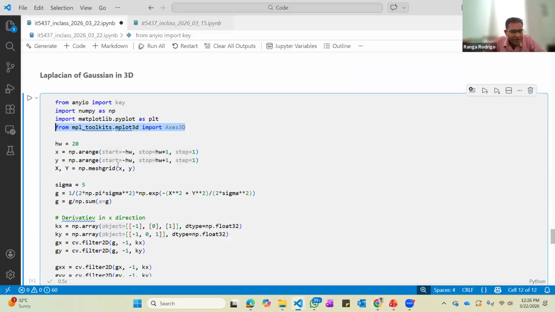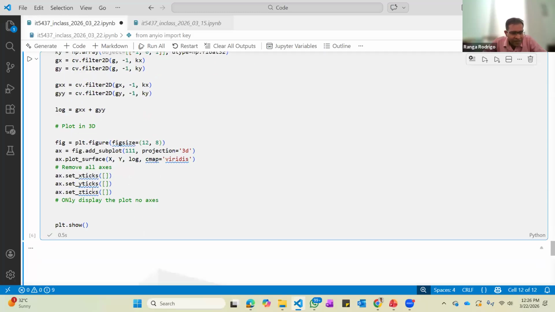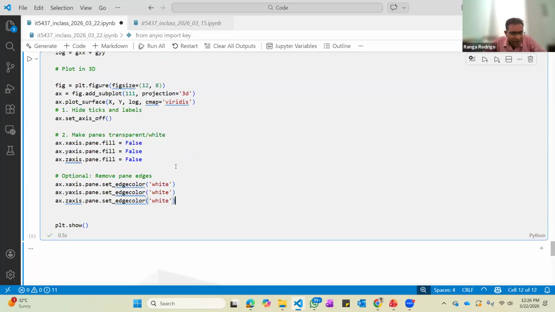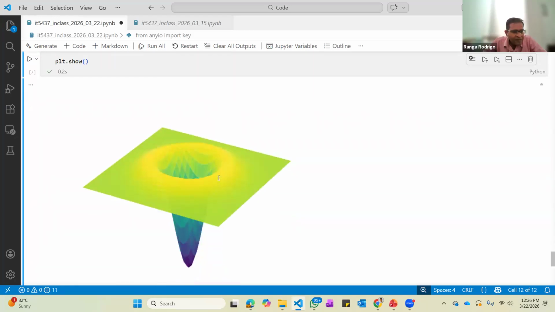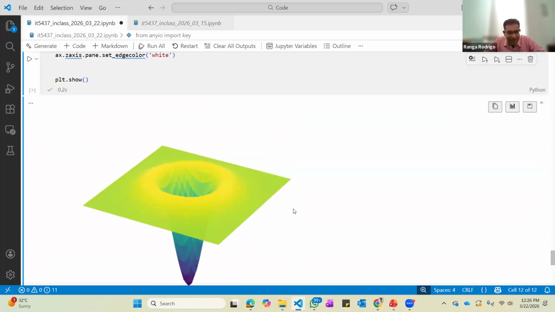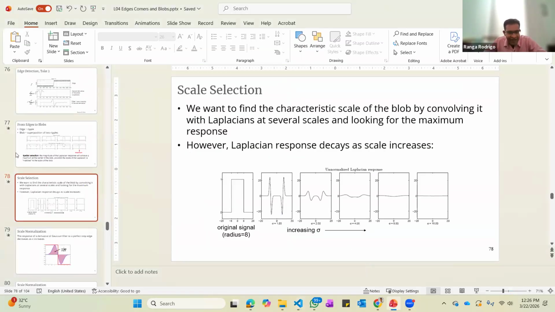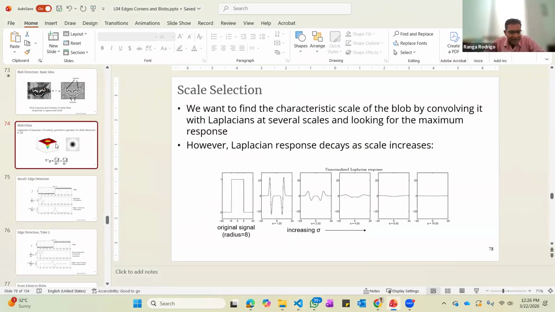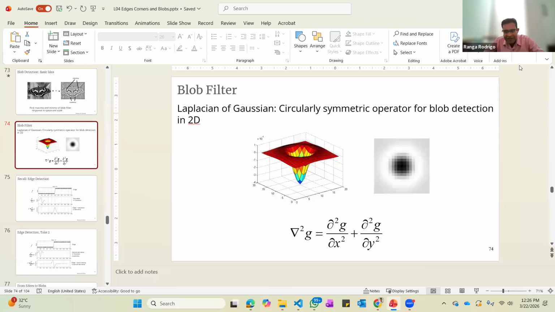So let's see. Rid of all these things. Yeah, now it's okay, right? This is what we wanted. So it's a beautiful one, and is exactly what we have in this one. So this also we can see.